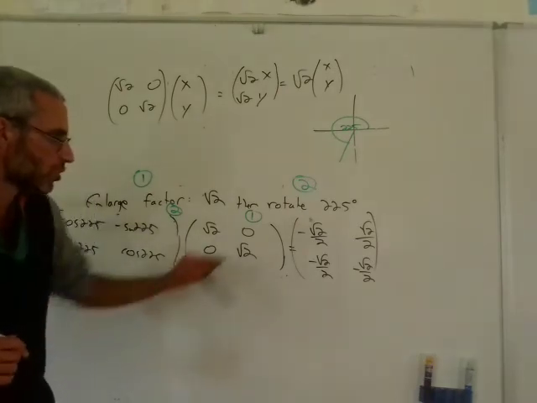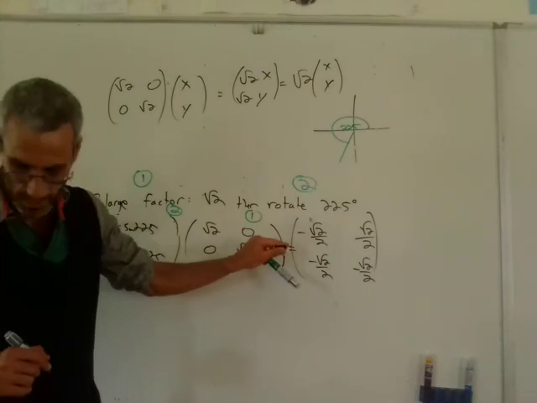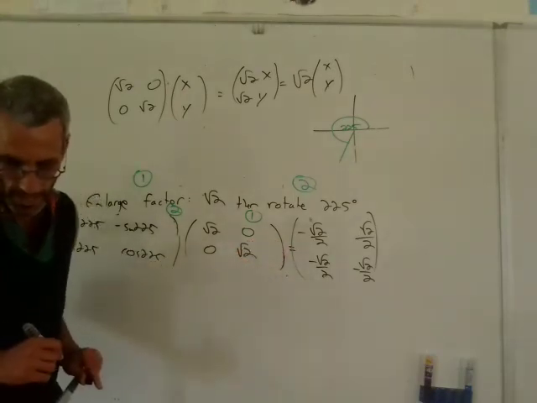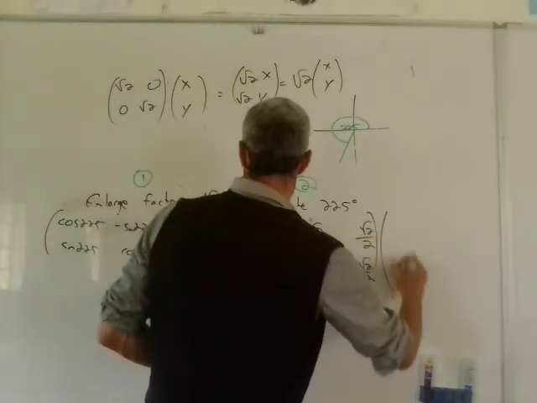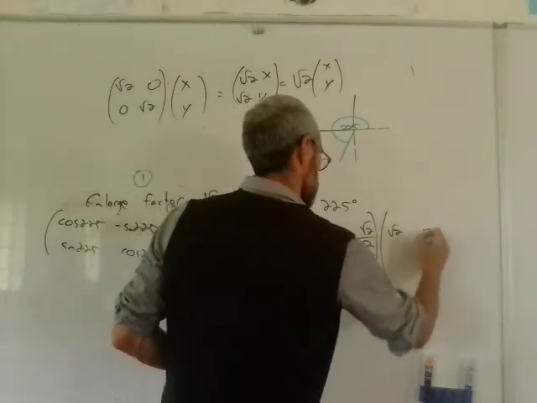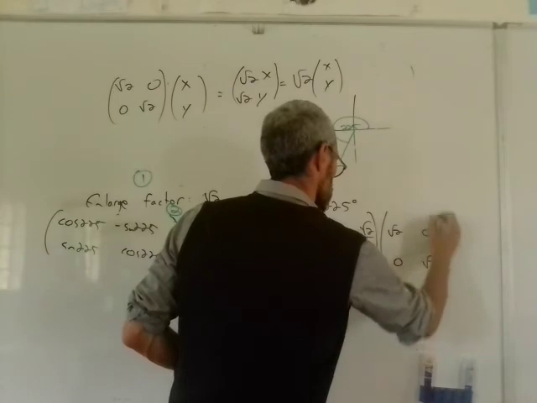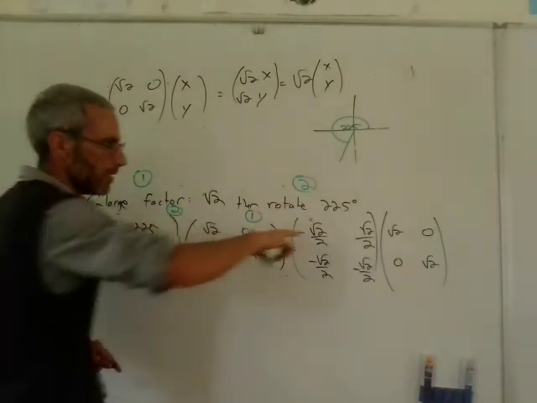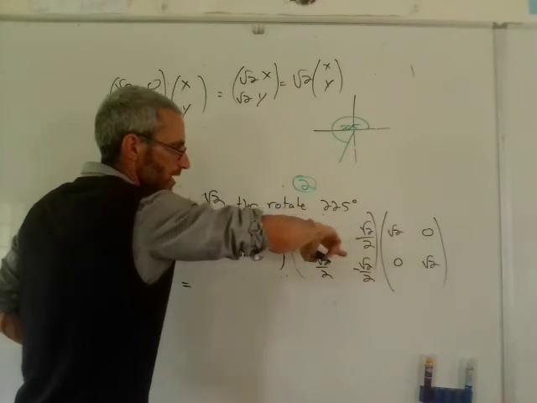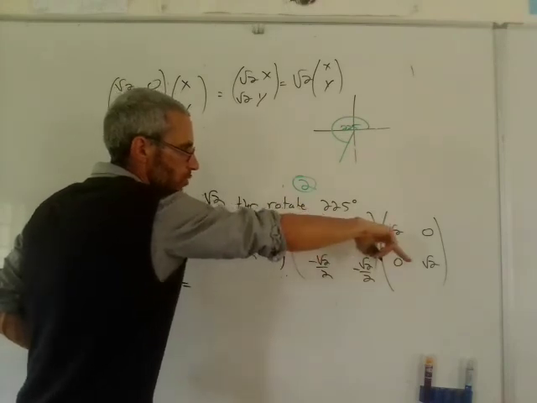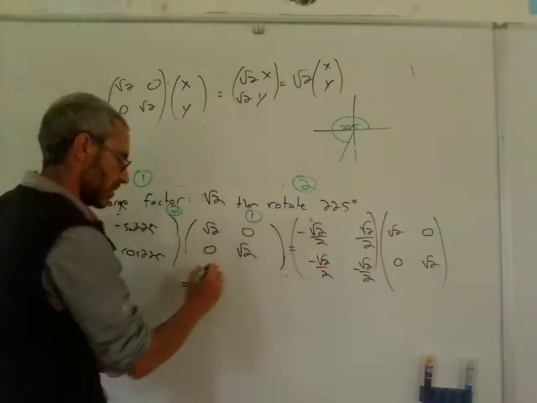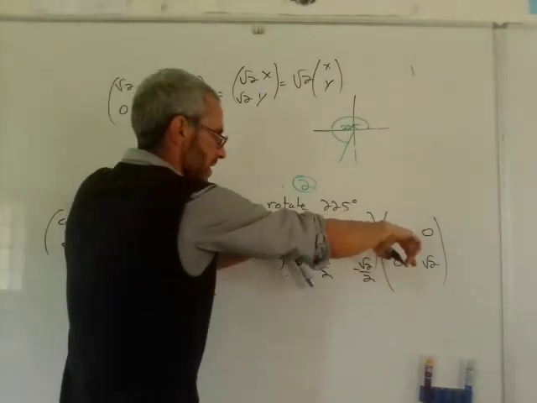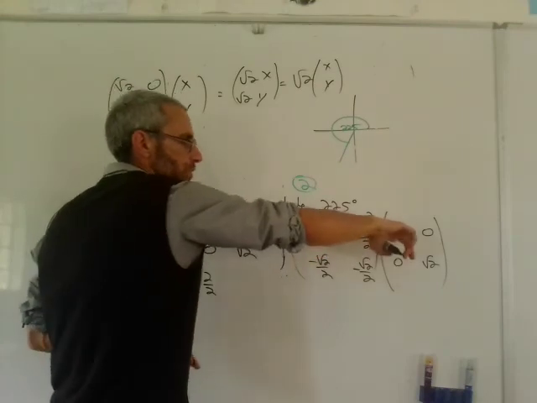I've written it all there. Just checking that I've written it right. I hope I'm not making any mistake, but you guys can check it. And then we have to multiply it by square root 2, 0, 0, square root 2. It's actually not that bad. What is minus square root 2 over 2 times square root 2? It's minus 2 over 2, because square root of 2 times square root 2 is 2.